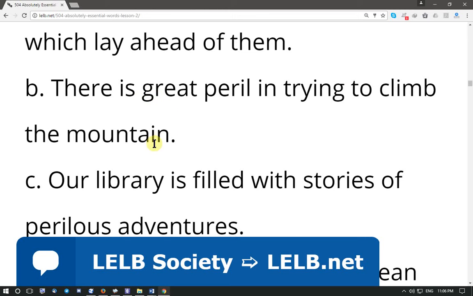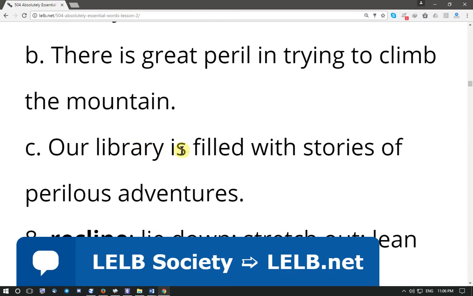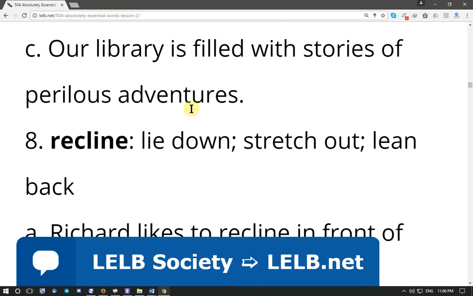Our library is filled with stories of perilous adventures. Our library is full of or replete with stories of perilous, or for example you can say novels of perilous or dangerous adventures. It's risky stories or events or plots.